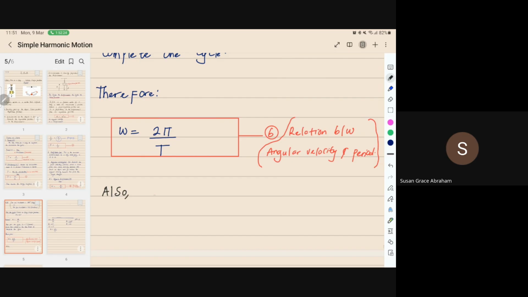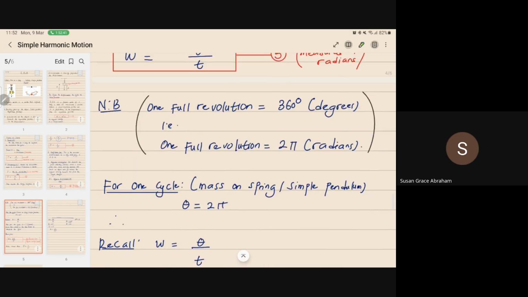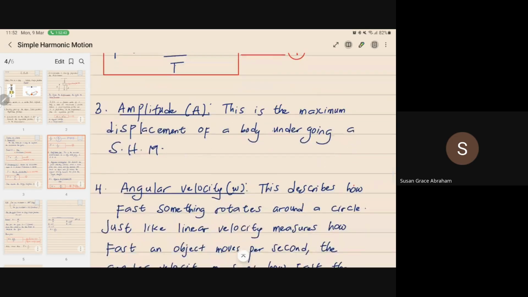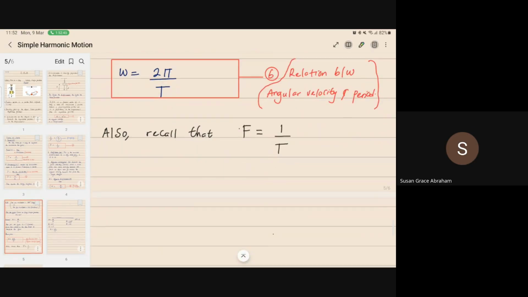Also, recall that f is equal to 1 over T. Which equation was that, where I said that f is 1 over T? That was from equation number 4.